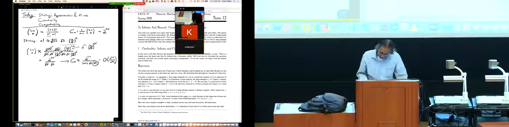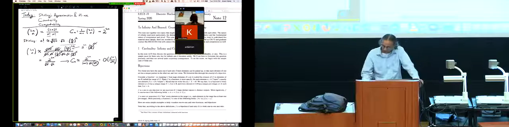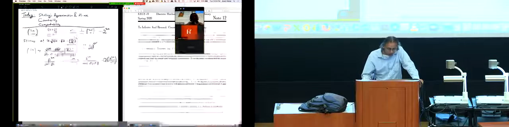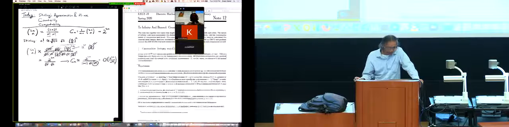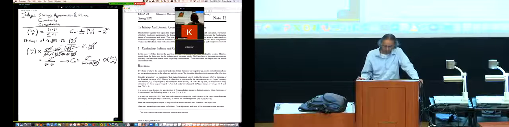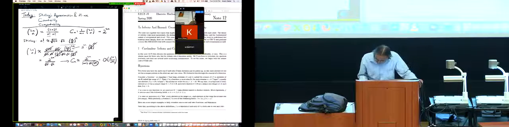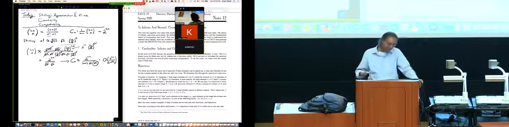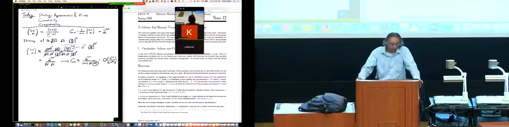So the denominator also has an n to the 1/2 in it, but the n to the 1/2 gets swamped by n to the 3/2 when n gets large. So when n is big, this whole expression, the nth Catalan number, will behave like 2 to the 2n divided by n to the 3/2. Of course, it'll have a constant offset, which is this square root of pi. So if you want, you can also think of that as being in here. But this is saying that up to constant factors, this is how it's behaving.